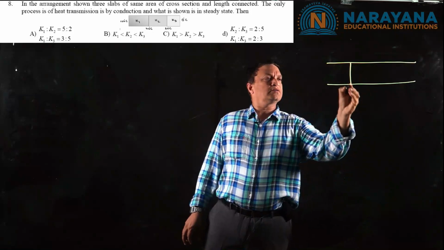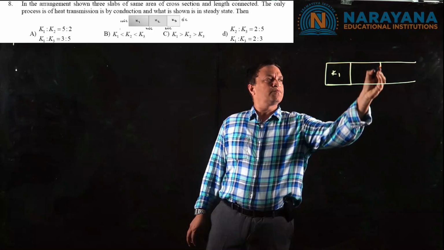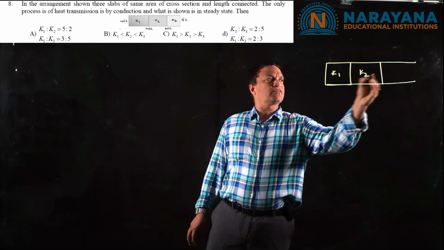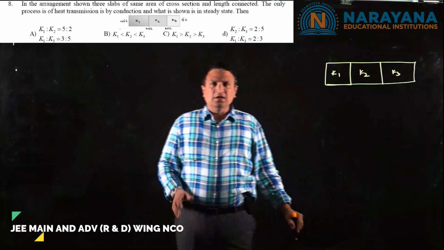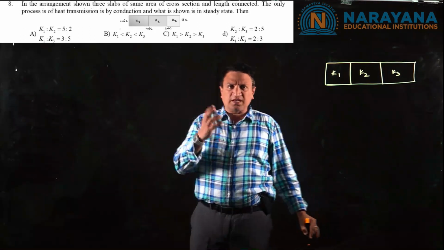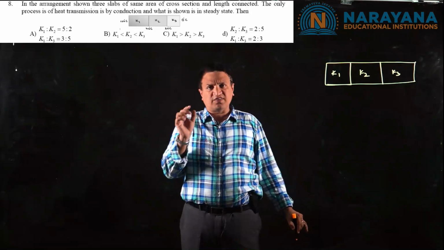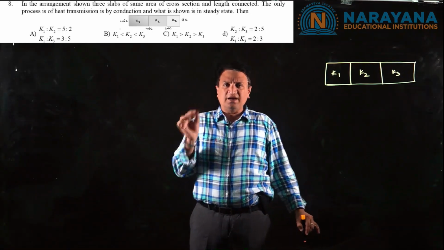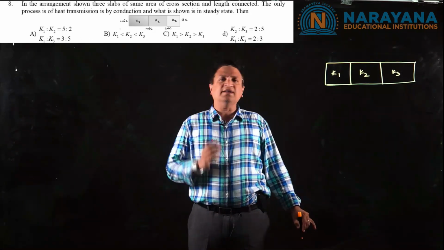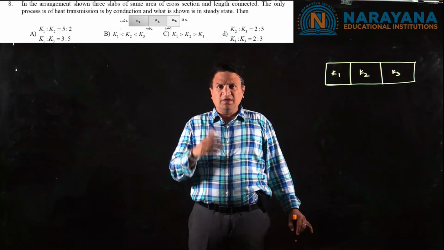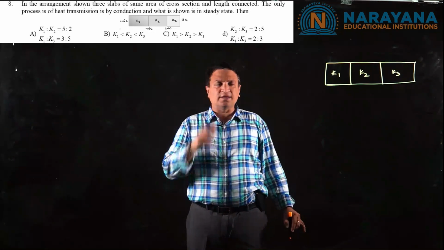Now, I'll take this portion as K1, this portion as K2, and this portion as K3. As per the information given by the students, I am assuming that all these slabs have the same cross-sectional area and same length. Otherwise, it is not possible to handle this question.